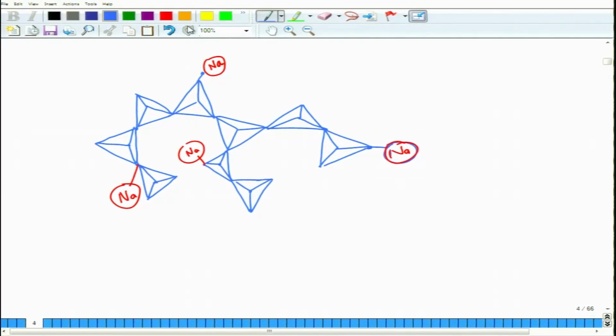The angles are arbitrary as well. So you have a random sort of network with the branches all over. You can have one sodium here, let's say, and so on and so forth.